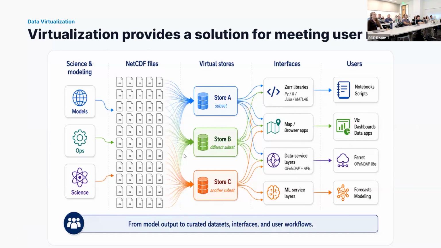This is what NOAA does, right? We do all this science. We create these NetCDF files. It doesn't have to be NetCDF, but that's what we're creating for the example I'm talking about. And these virtual stores take all that messiness, all these special snowflakes, and make them into standardized things that we have curated for users.